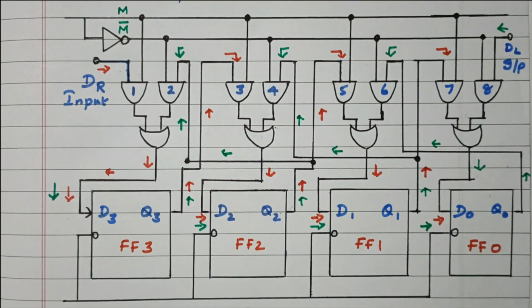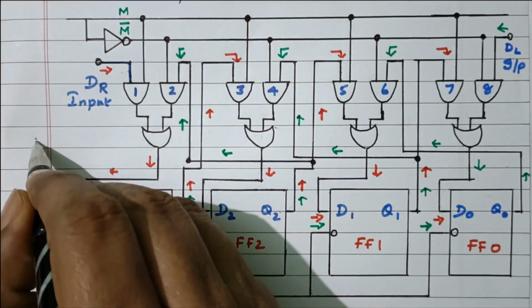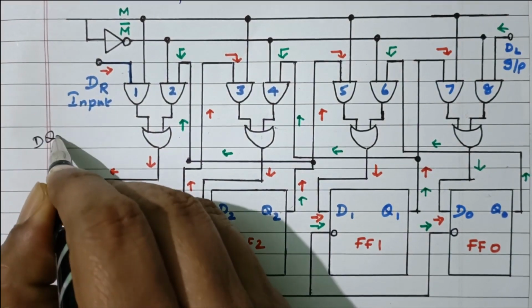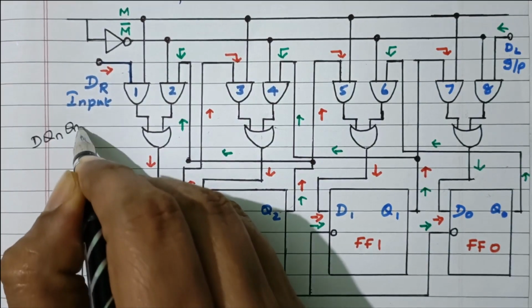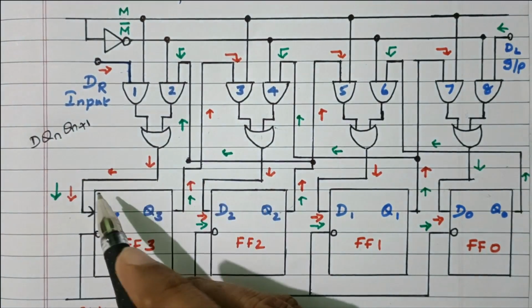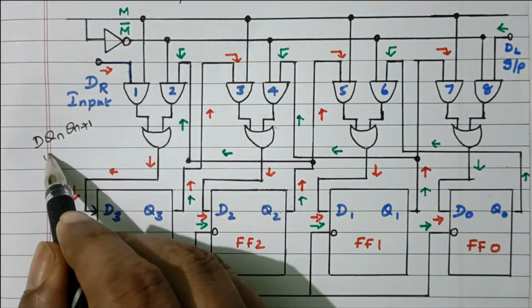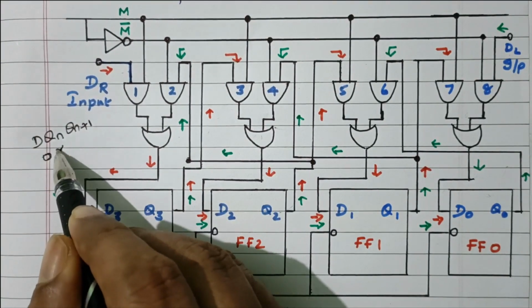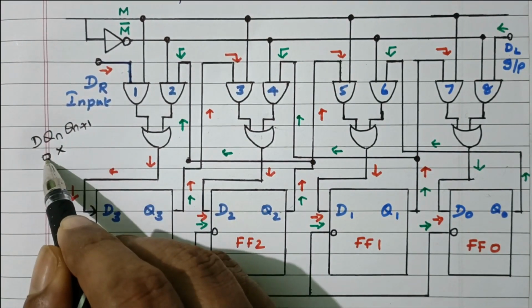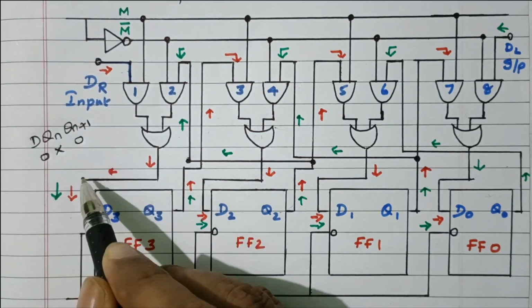What is the nature of the D flip-flop? Why are we using the D flip-flop? In the D flip-flop, we know that the input is D, the present state is Qn, and the next state is Qn+1. Suppose D is 0, whatever the present state, 0 will be available as the next state.